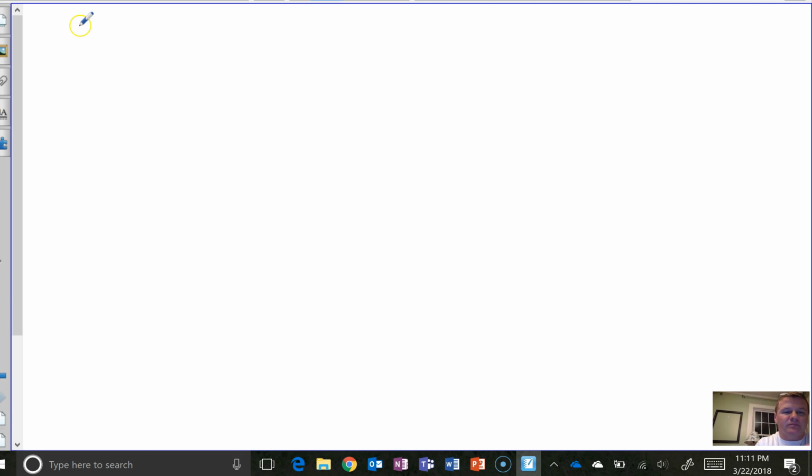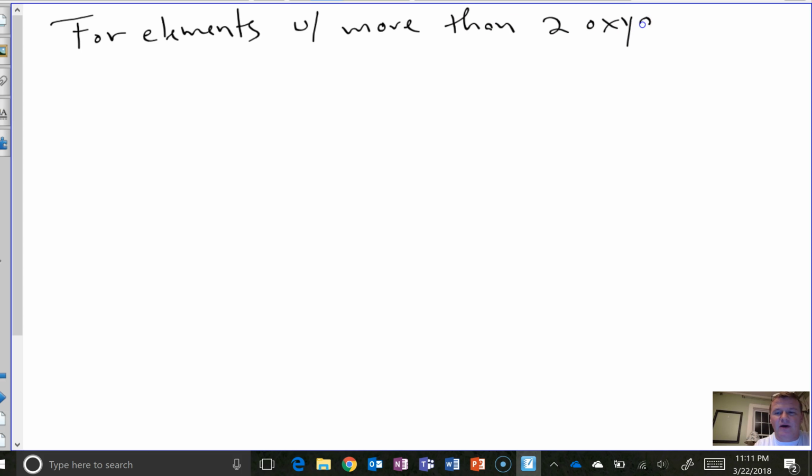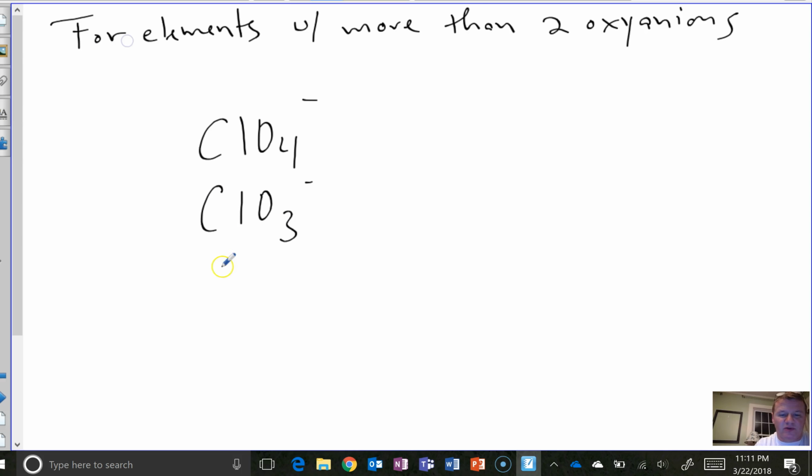So we have some special rules for elements with more than 2 oxyanions. So what we see here is we've got ClO4, ClO3 with a minus 1 charge, ClO2 with a minus 1 charge, and ClO with a minus 1 charge.